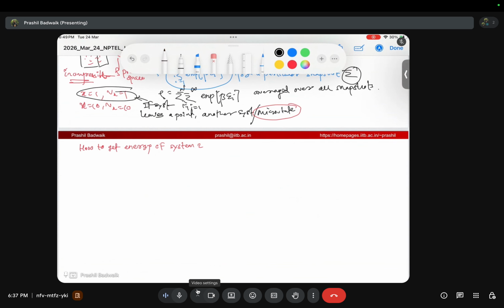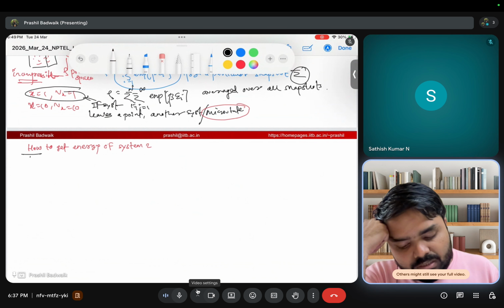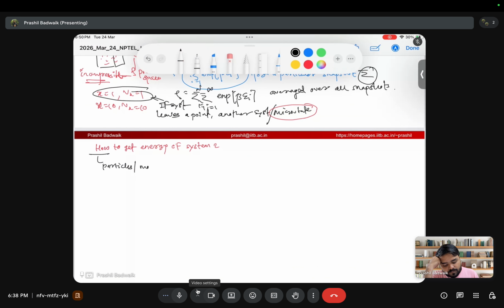What is a system composed of? The system has particles or molecules.